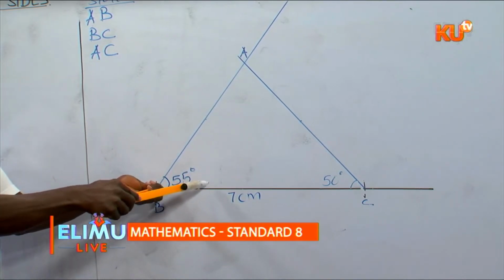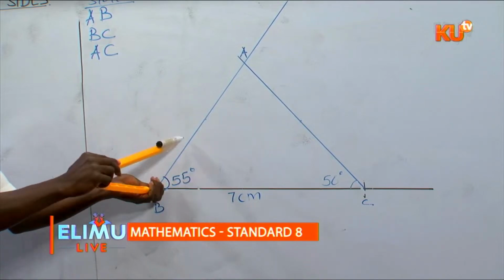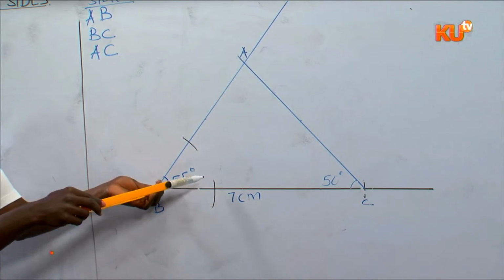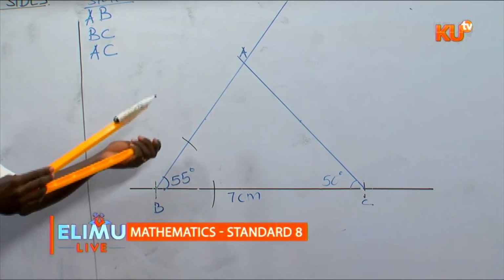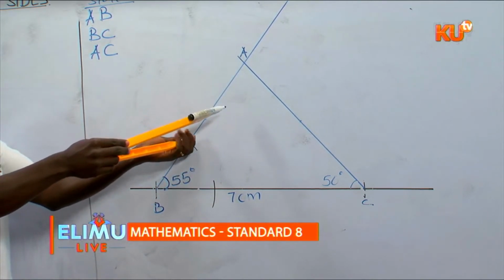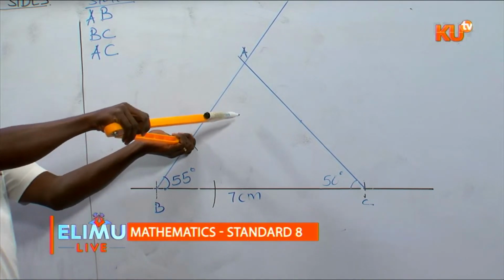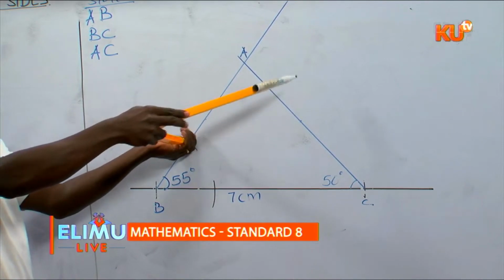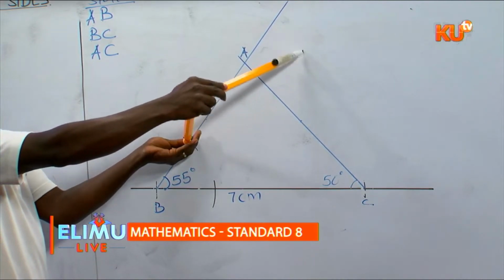Hata hapo, sawa, no problem. Just cut that line there and there. After doing that, kuja kwa hii, panua compass yako iende nje ya triangle. Hapo. Weka arc.